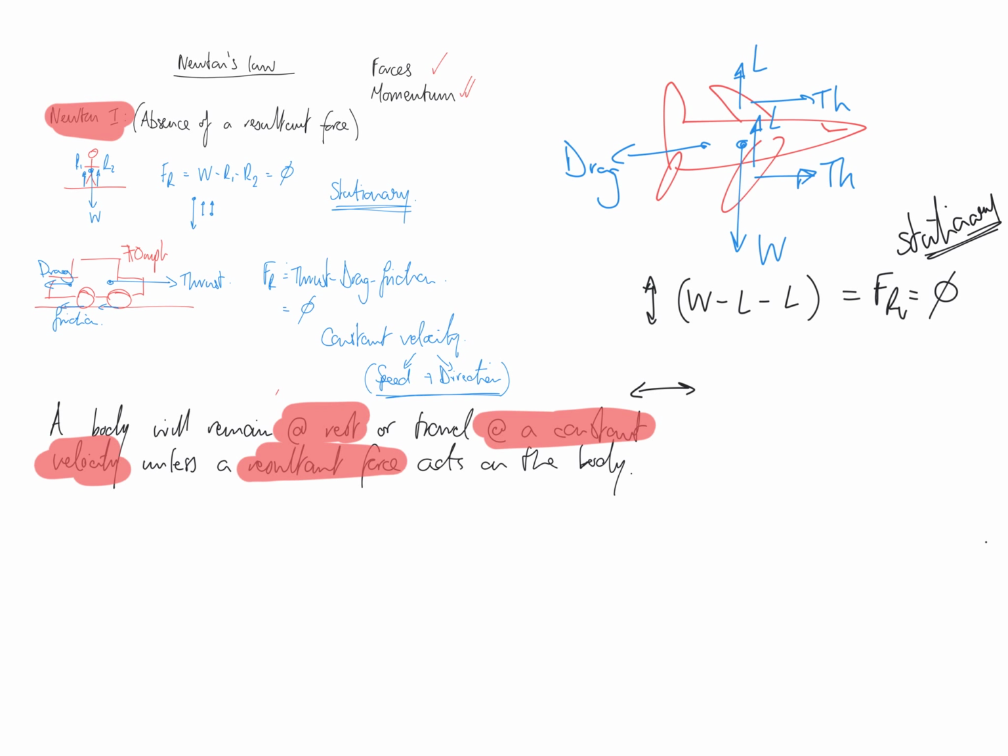What about horizontally now? We have the drag and the 2 thrusts. Let's go thrust first, minus the drag, and that gives us the resultant force horizontally, again being 0. So which of these 2 things is going to be stationary, or is it going to be a constant velocity in the horizontal direction? Of course, it's going to go as a constant velocity.